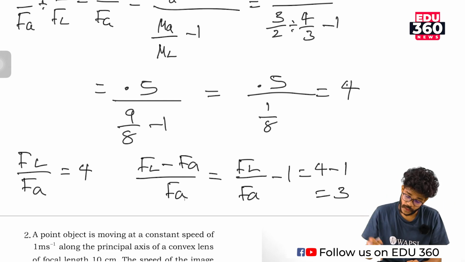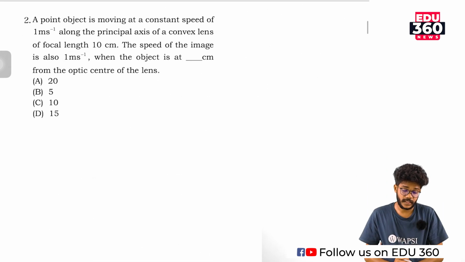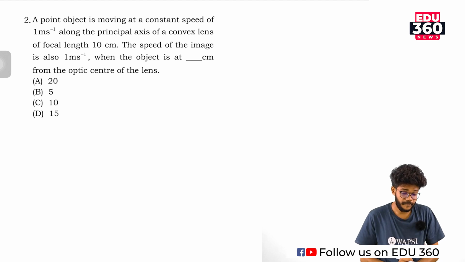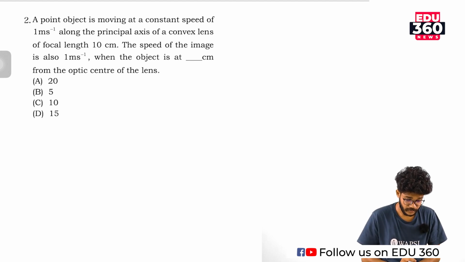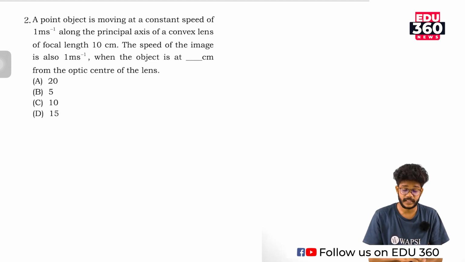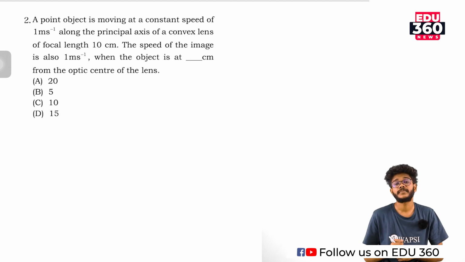Okay, so we can move to the second question. A point object is moving at a constant speed of 1 meter per second along the principal axis of a convex lens of focal length 10 centimeter. The speed of the image is also 1 meter per second.